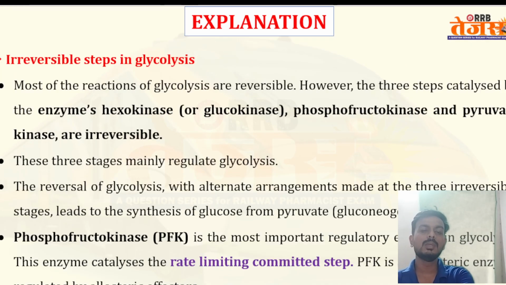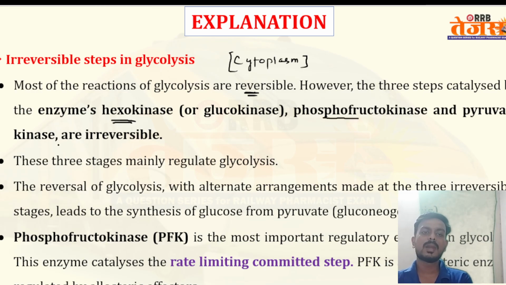Most of the reactions of glycolysis are reversible, and glycolysis always takes place in the cell cytoplasm. However, three steps are catalyzed by the enzymes hexokinase or glucokinase, phosphofructokinase, and pyruvate kinase. These three are irreversible.